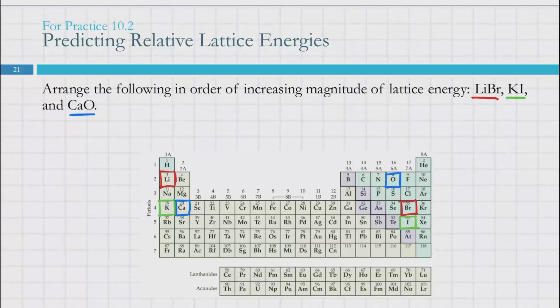Let's take a little bit of time to see if you can figure out which of those is going to be the most exothermic, which will be the least exothermic, which will be the middleist exothermic. And chit-chat and compare with your neighbors.